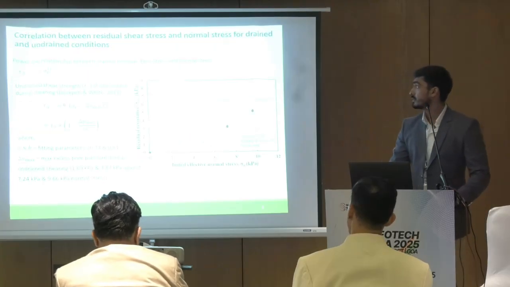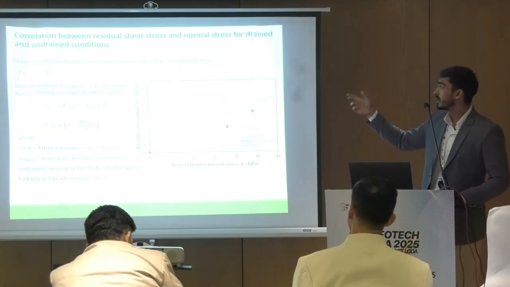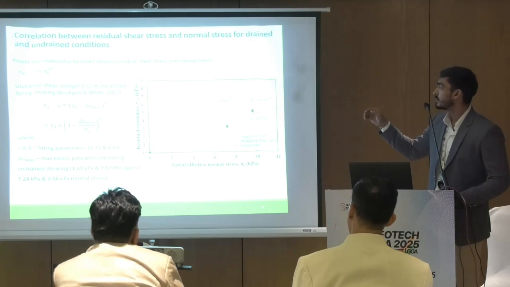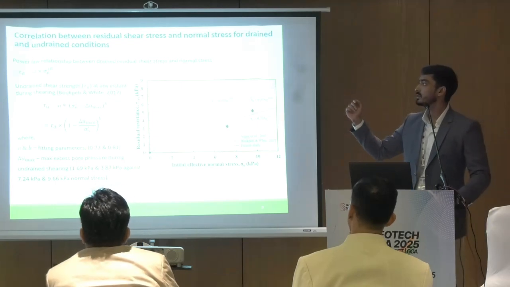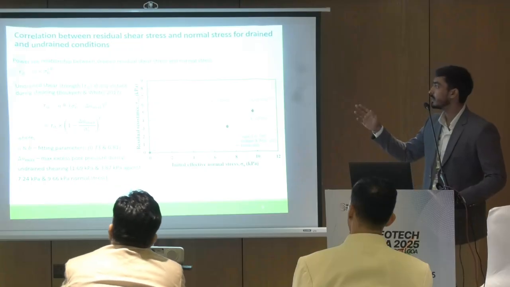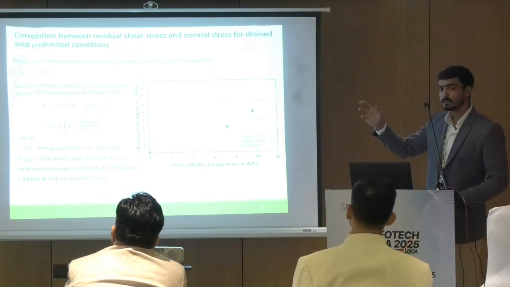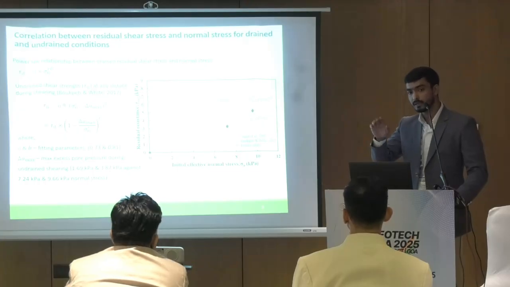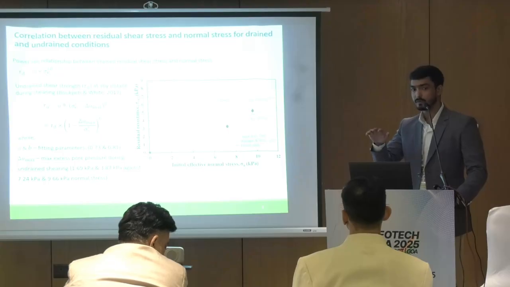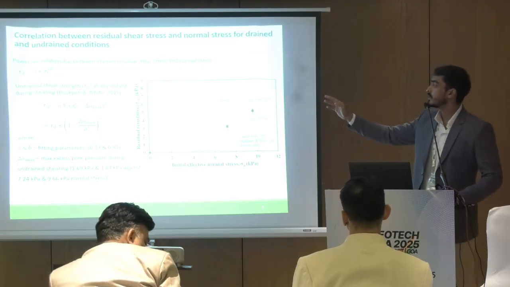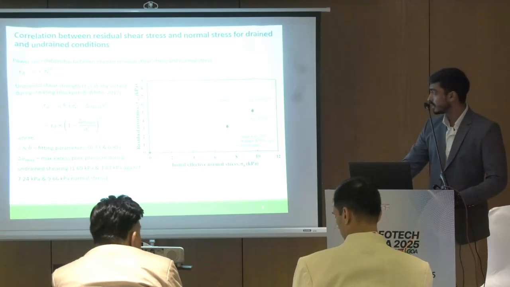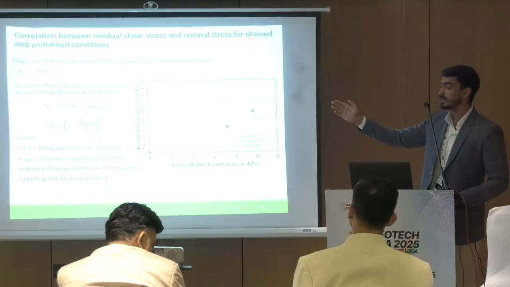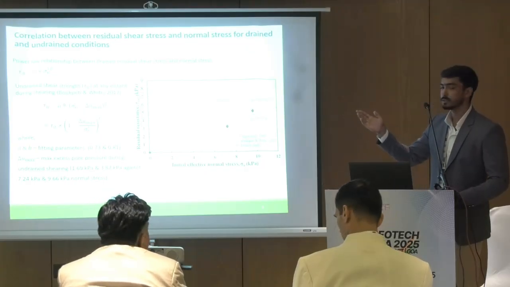We also try to fit the drained behavior into a power law, which is tau d equals A into sigma n to the power b. Here sigma n is the effective stress which we are applying on the soil. In the drained case it will be same, but for the undrained case, that will be reduced as excess pore water pressure will generate.